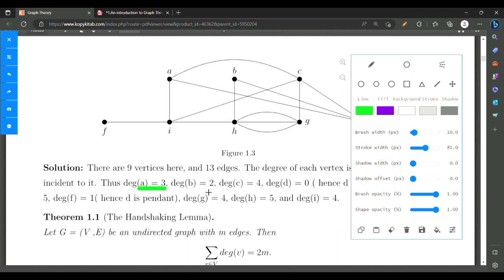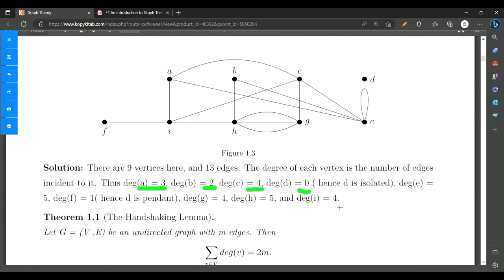The degree of A is 3 plus 2, 5, plus 4, 9, plus 0, and the degree of E is 1, 9 plus 5, 14, 15, 19 and then 28. So here the sum of the degrees of the vertices is 28.